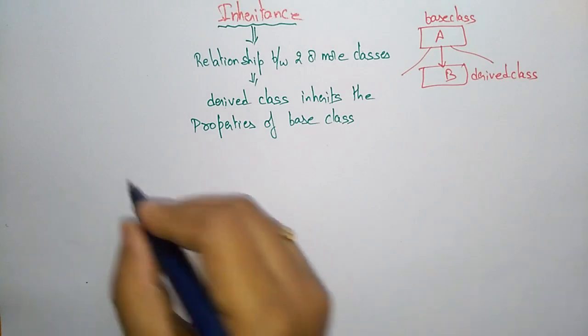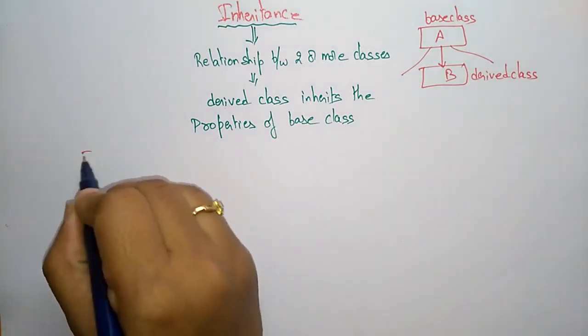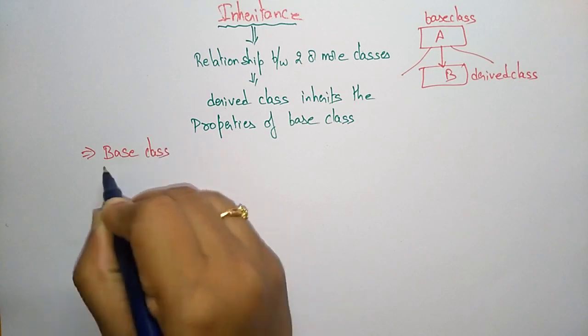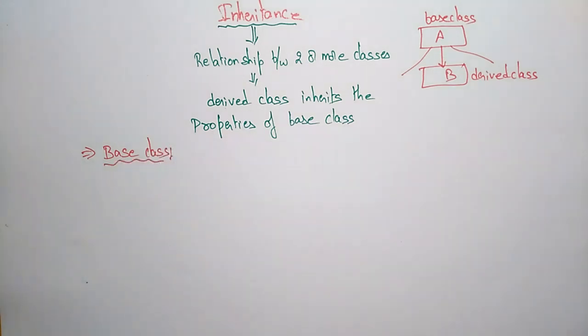So let us see what a base class and a derived class are. A base class is a class whose properties are inherited by another class.